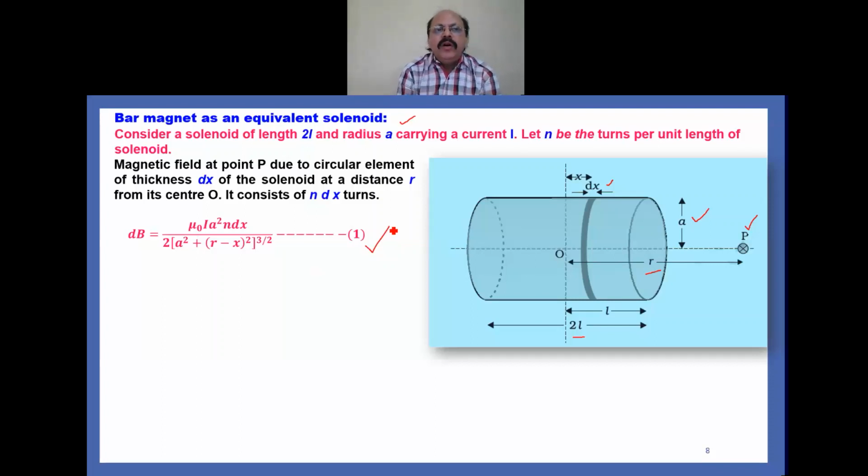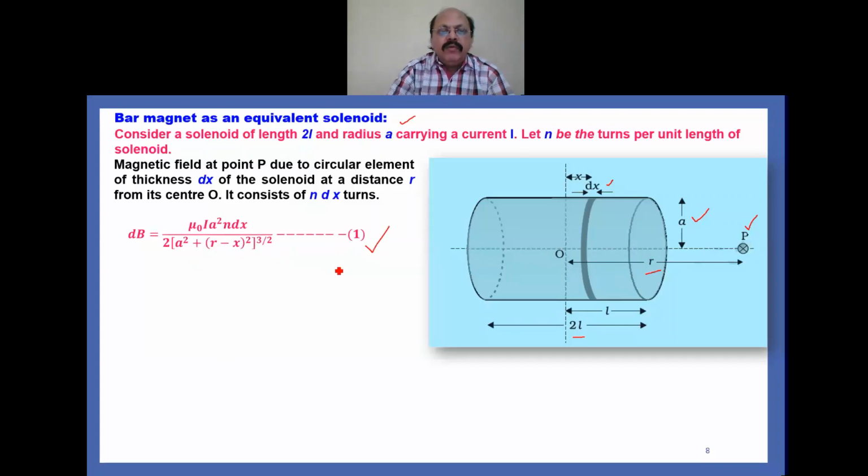This is the same formula which you have applied earlier also. B equal to mu naught I R square n upon 2 into R square plus x square raised to the power 3 by 2. So here in place of capital R, small a, in place of the number of turns, n dx, and in place of x, it is r minus x. So that equation becomes dB equal to mu naught I a square n dx upon 2 within bracket a square plus r minus x whole square raised to the power 3 by 2.